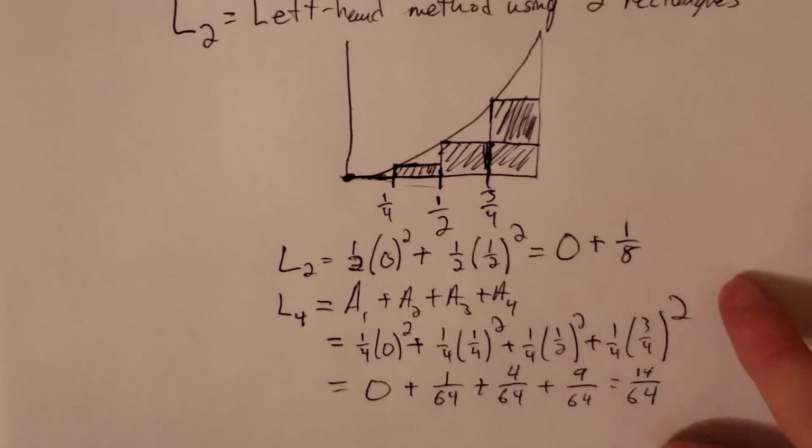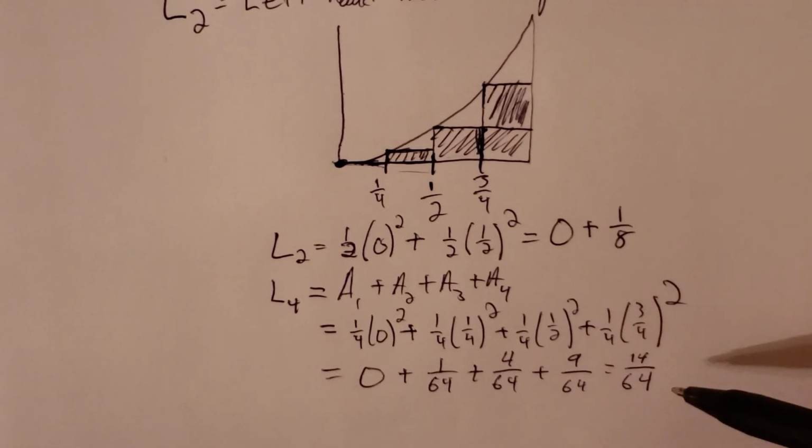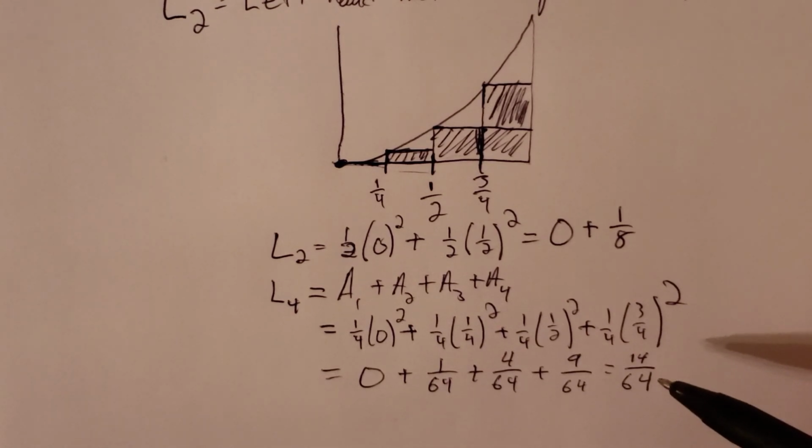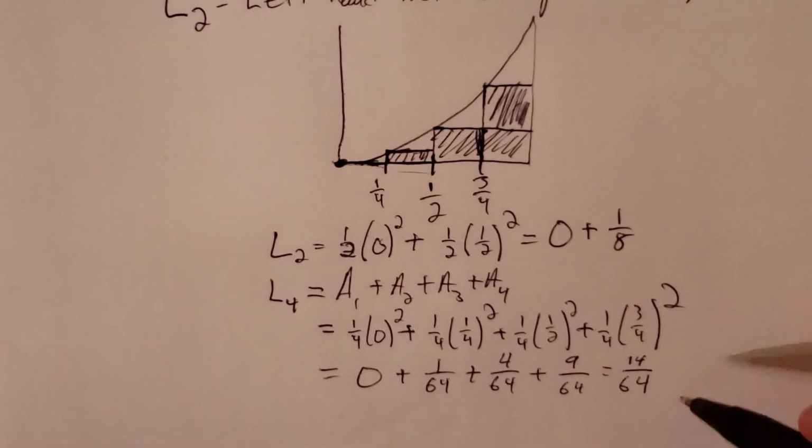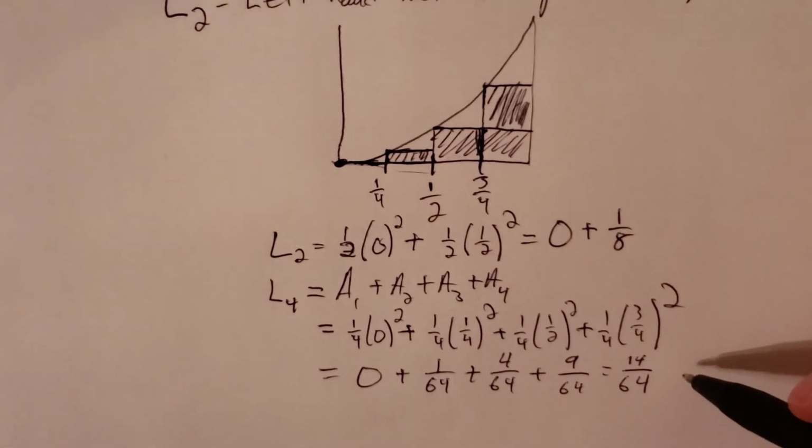And again, in both cases, we can keep doing more rectangles, so getting a higher value, either R sub 8 next or L sub 8 next, in order to estimate the area under the curve to a closer approximation. Those calculations get a little bit messier, but you can see the idea here. And that is where we will end this first video.